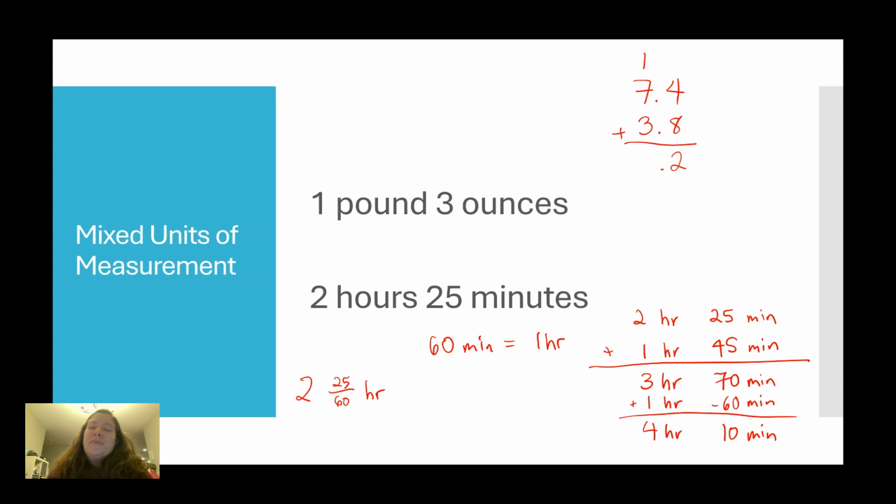With pounds, since there are 16 ounces in a pound, 1 pound, 3 ounces is the same as saying 1 and 3/16 of a pound. If you were adding these guys together and you had like 1 pound, 3 ounces and 4 pounds, 15 ounces. So it's really almost 6 pounds. When you add these together and you get 18, you're going to have to carry a pound over, right?